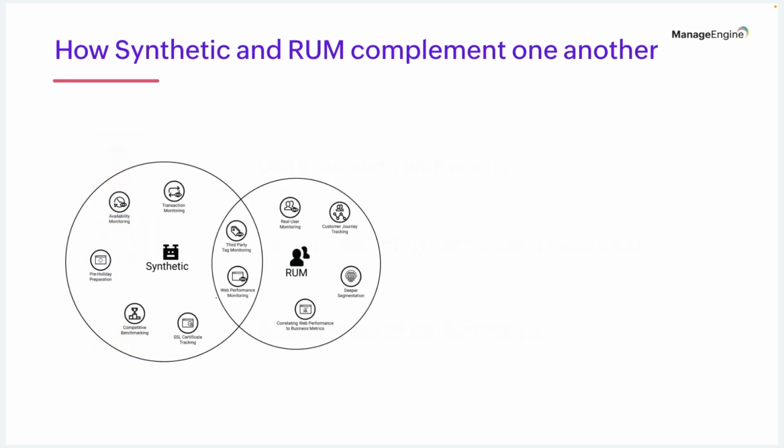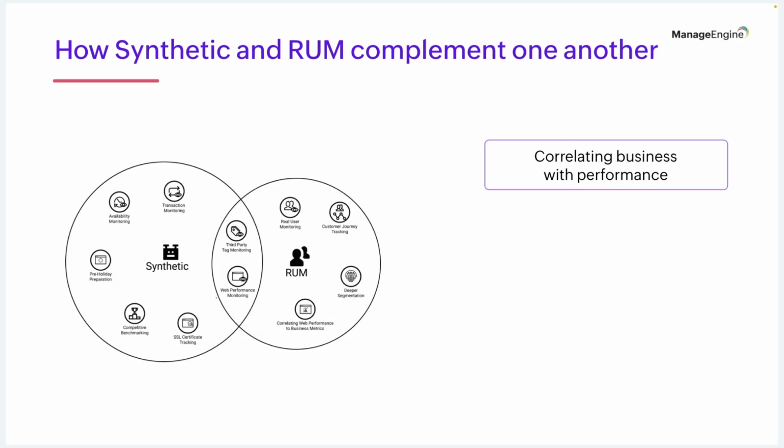Now that we have understood synthetic transaction monitoring as well as real user monitoring, let us see how they complement each other and provide great benefits when employed on your websites. First, they help correlate business with performance. Synthetic monitoring can provide performance data that will enable you to pinpoint problems with page load time or network bottlenecks.